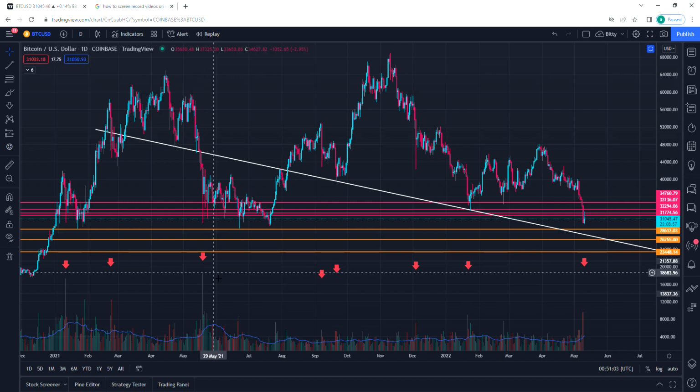Since this one was so big, almost as big as this one, we consolidated for quite a bit here, just like this one, but this one we consolidated for even longer. But what did Bitcoin do? It built this descending wedge, this descending channel, which is bullish, and it shot right back up.